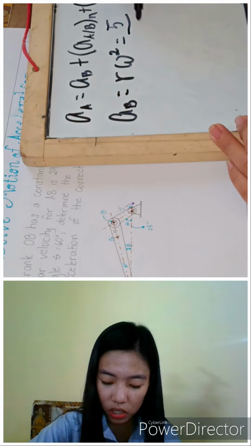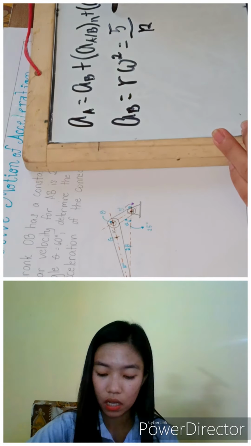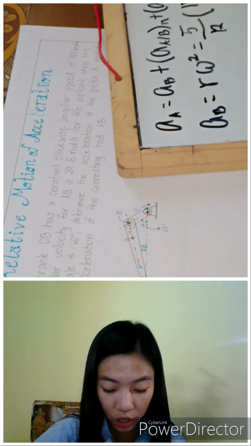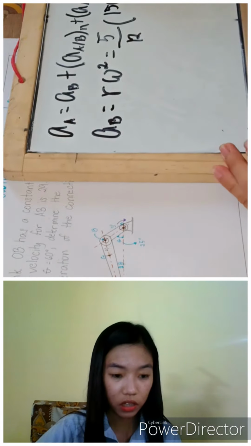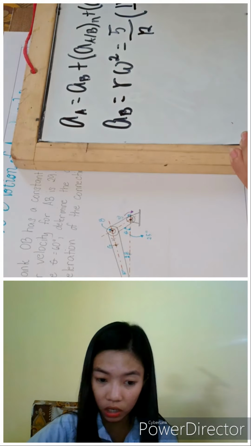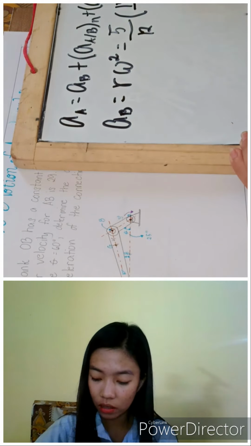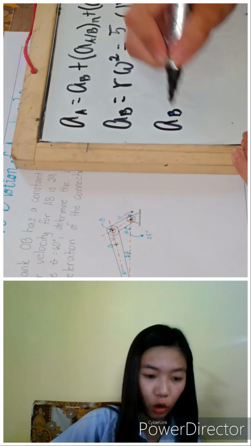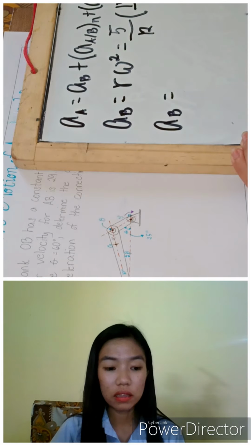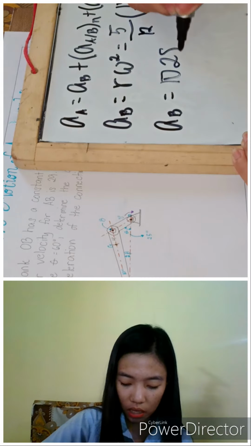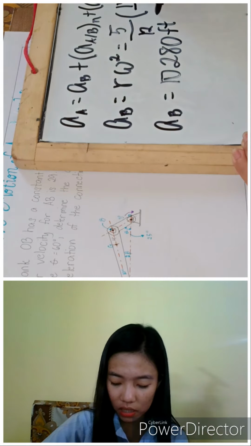Let's convert it into feet, so divided by 12, times 1,500, which is our angular speed. Let's convert it into radians per second, so we multiply it by 2 pi over 60, squared. So, the value of acceleration at point B is equal to 10,280 feet per second squared.